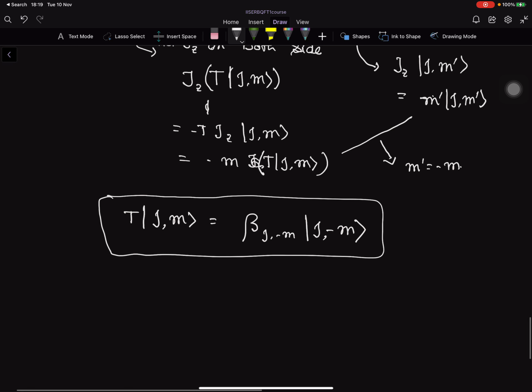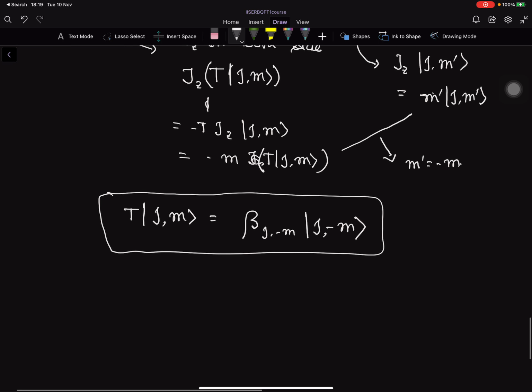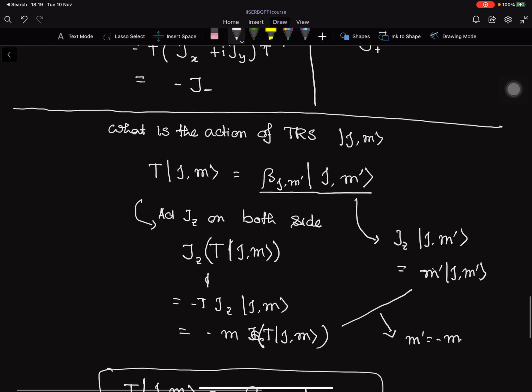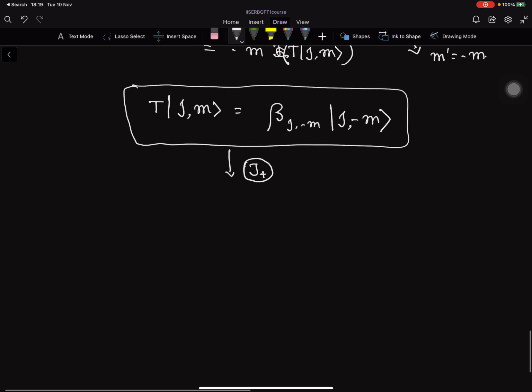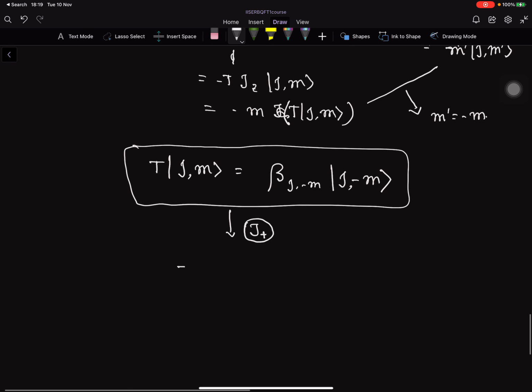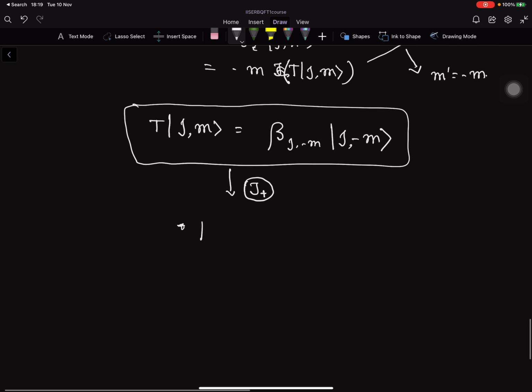Now we will try to find a recursion relation, and to find it we will try to act with J plus. If you do this exercise with the recursion relation when we act with J plus, and you use the formula that conjugation by time reversal gives you minus J minus, then you can show that the recursion relation you get is beta j m is the same as minus, the minus sign is important, beta j m plus 1.